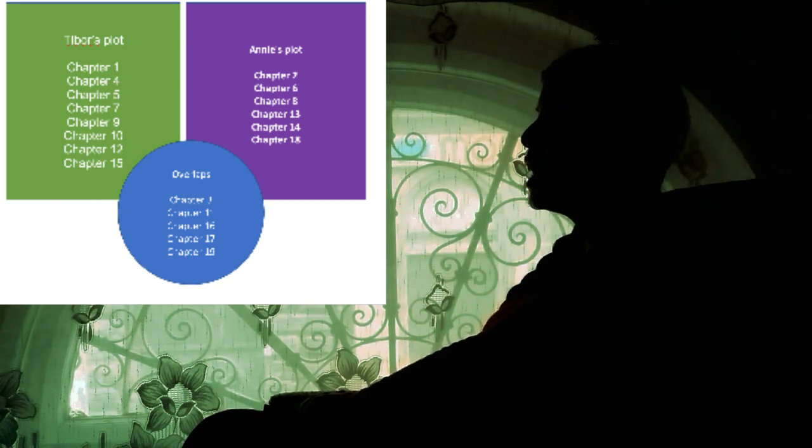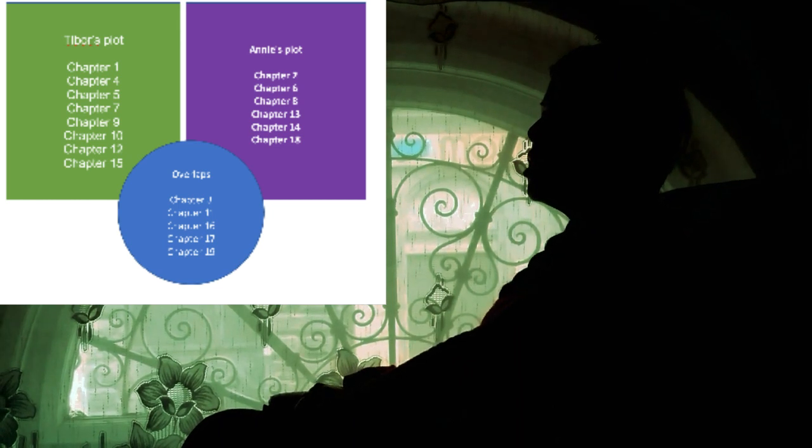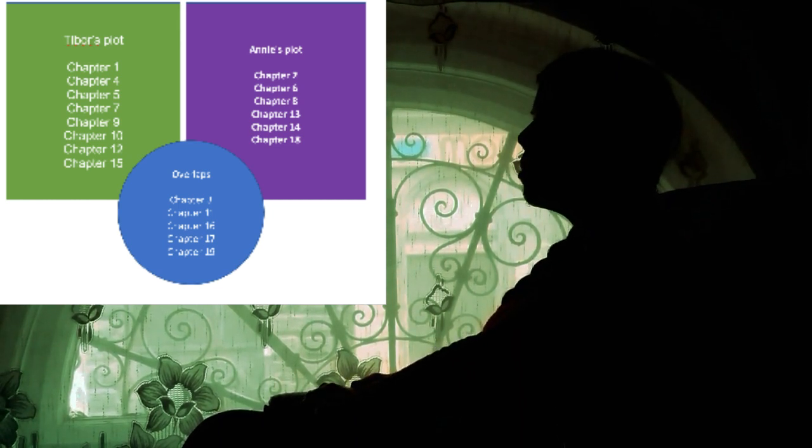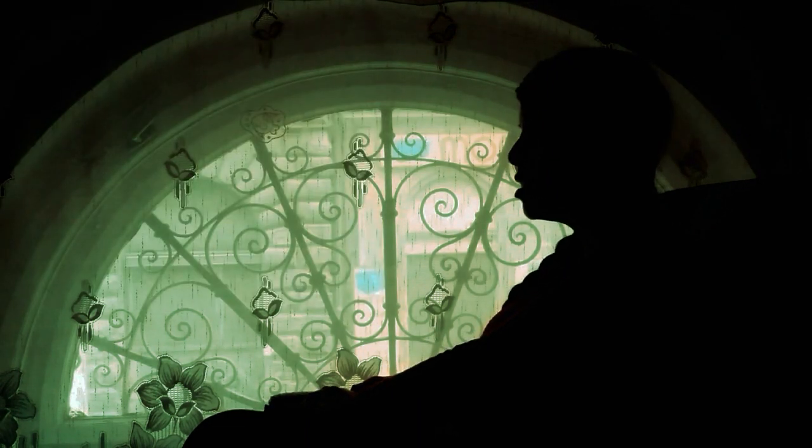Now, it looks like I have more chapters for him than for her, but when it comes to chapter 3, for example, she has more page time than Tibor, so she is taking a little bit more of that chapter than him. Same for chapter 11, and chapter 16 as well. Chapter 17 and 19 are a little bit more balanced.